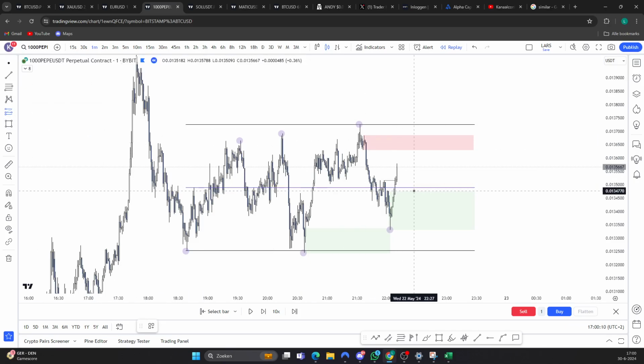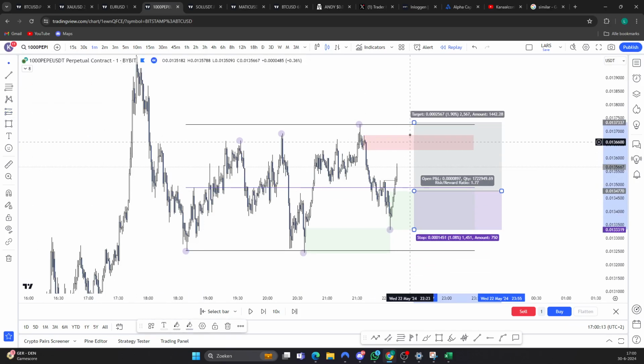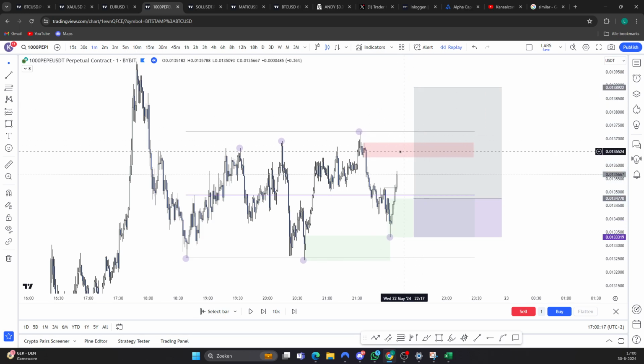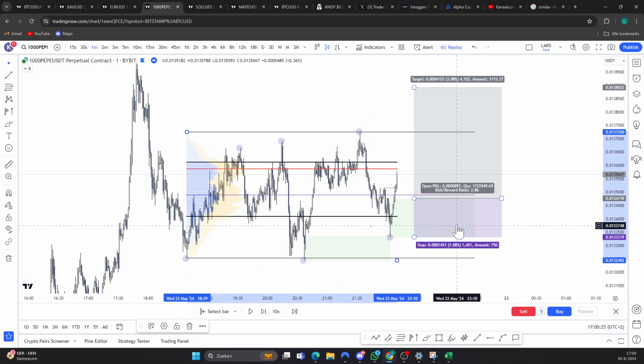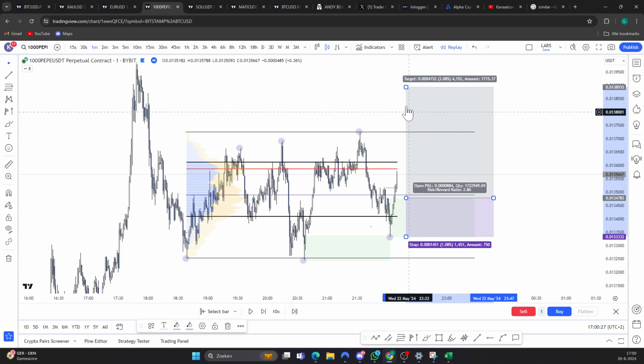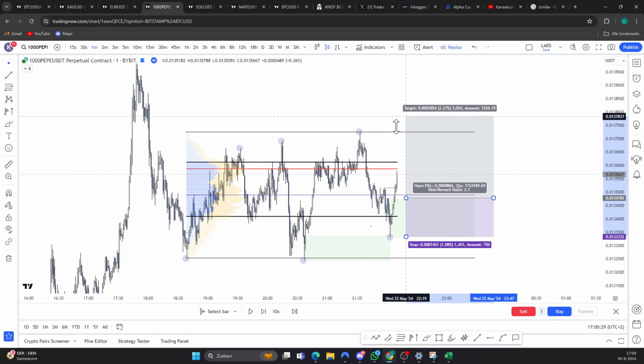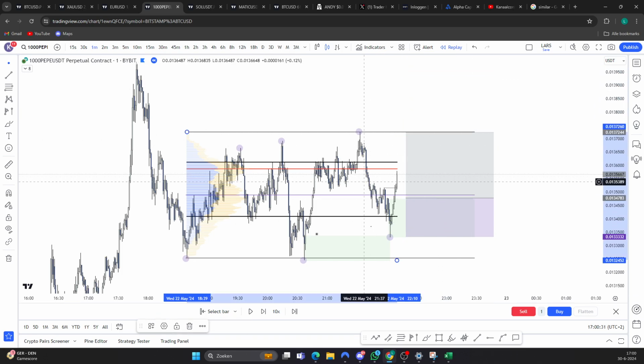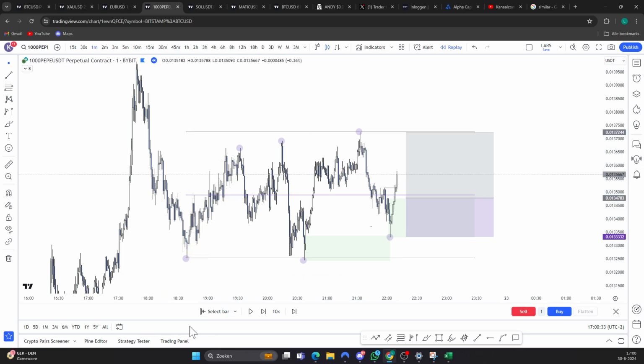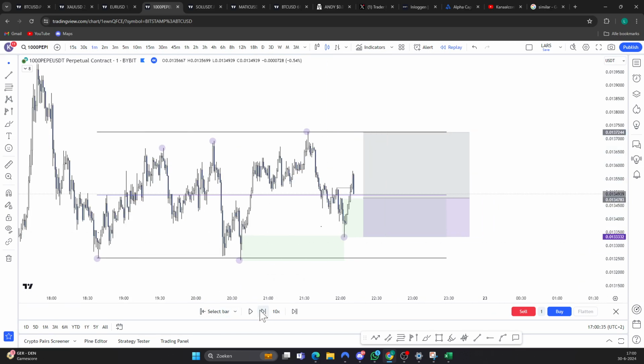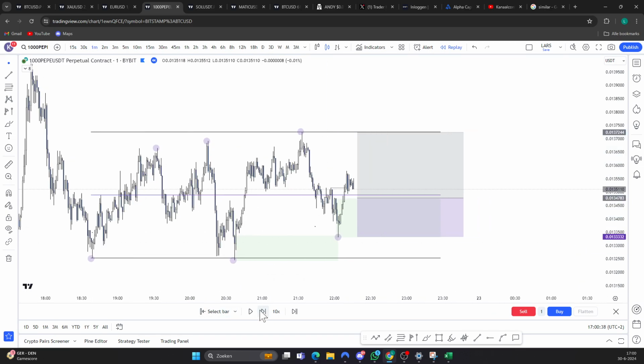What would that risk to reward be? A bit better because it has the potential to run. Okay, now we're talking, right? Now we're talking. It has the potential to run higher, but a 1.7, that's decent. Let's see if we get tagged into it.